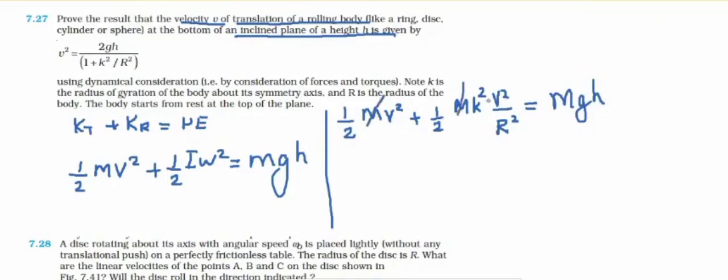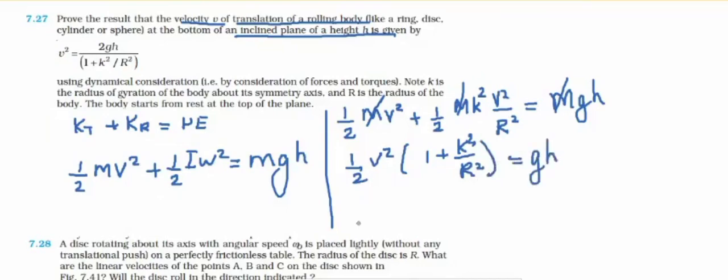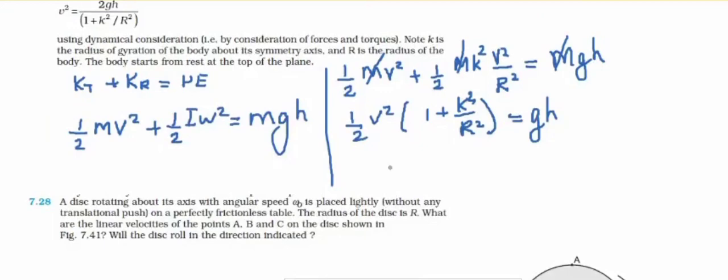Now m is cancelled, so half v square we can take common. Half v square into 1 plus k square by r square is equal to gh. Now from this equation you can find the value of v square, and you will get the given equation which you need to prove.